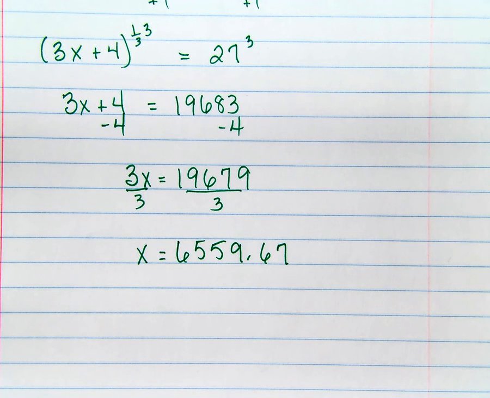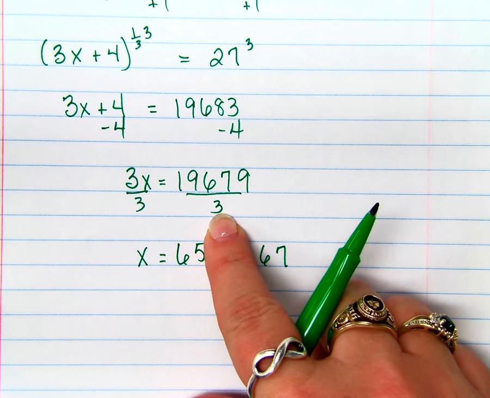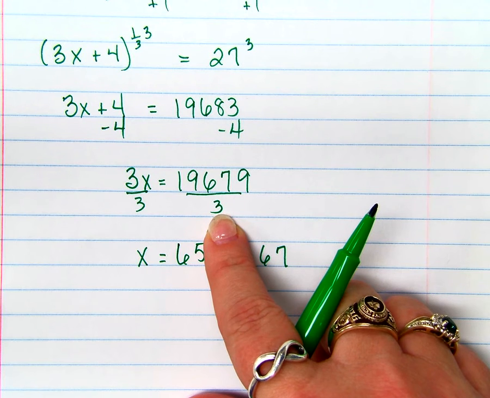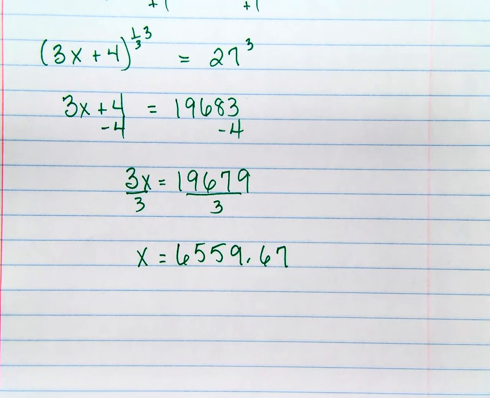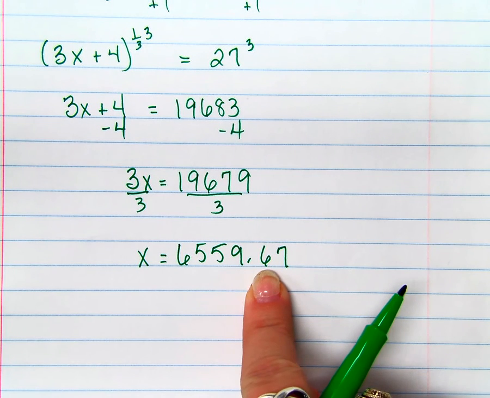Because your answer is a decimal. And earlier today, people were freaking out because it's a decimal. Guys, we've done problems where our answer is a decimal before, haven't we? And that's okay, isn't it? Yes. Is it okay to leave our answer as 19,679 over 3? Yes, because it's not evenly divisible, right? Is this the exact answer right here? No, it's rounded, isn't it?